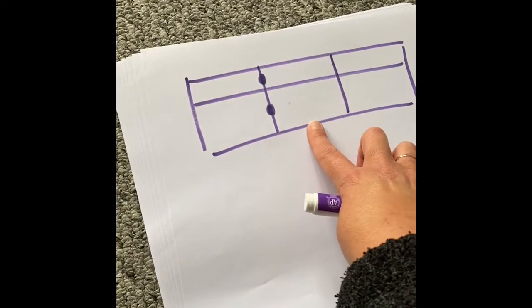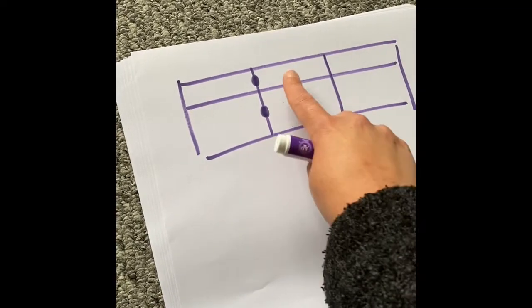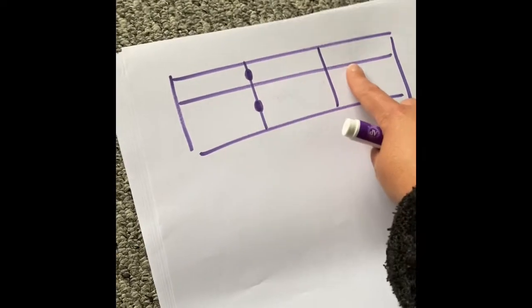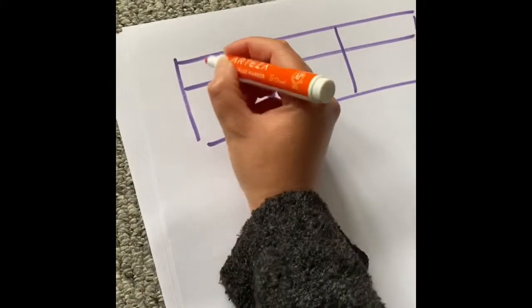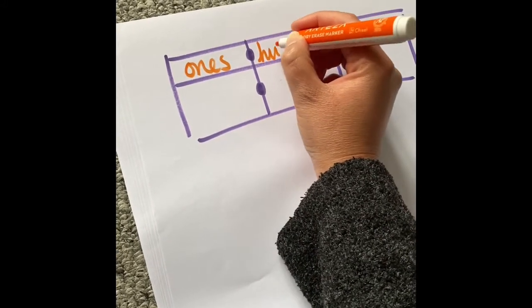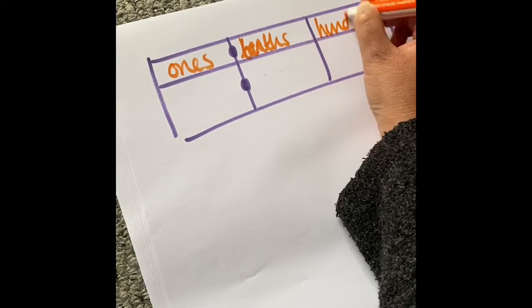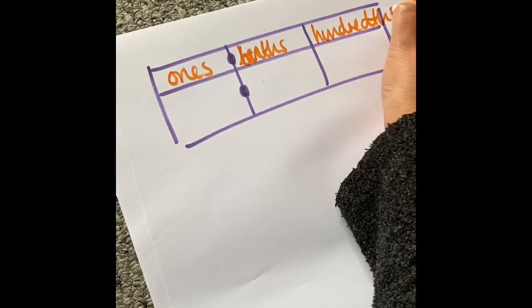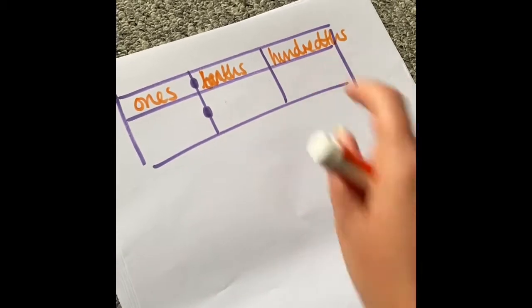Anything right of the decimal point is part of a whole: tenths, hundredths, thousandths, and so on. Remember, they're hundredths. They're not tens, they're tenths, hundredths instead of hundreds.